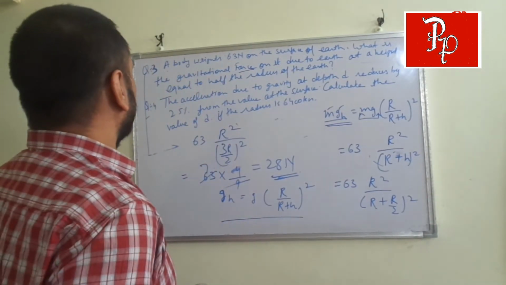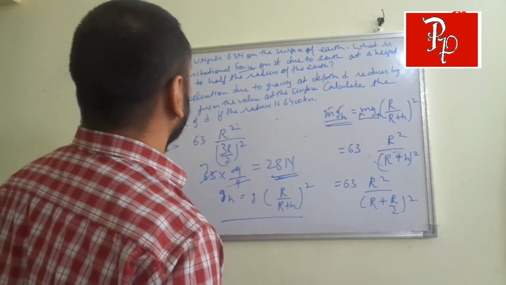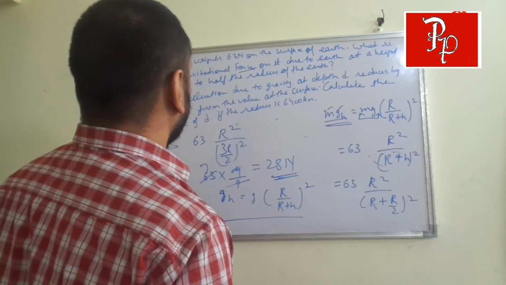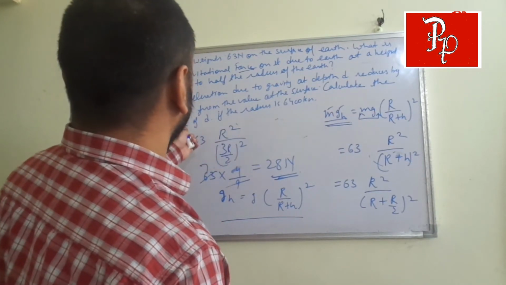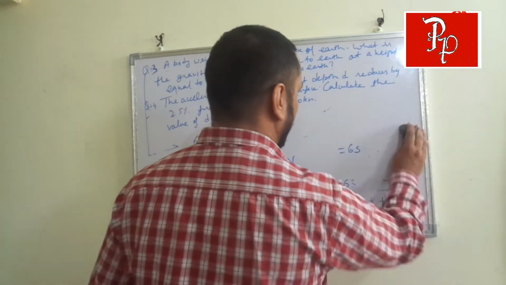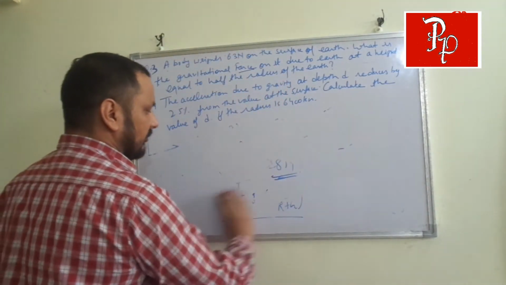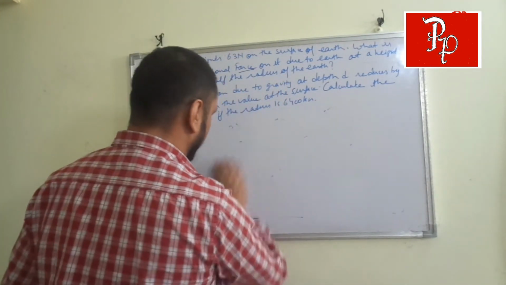Now students, next numerical, a very interesting one. Essentially the gravity at depth d, radius is reduced by 25% from the value at the surface. So we have reduced the radius by 25%. Then what is 25% of the reduced value?